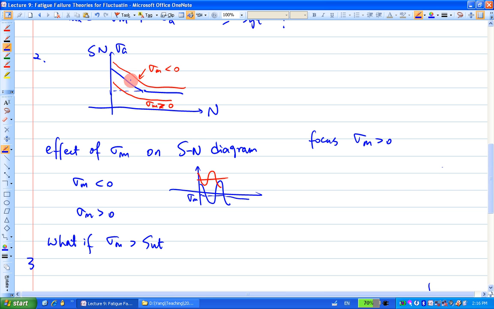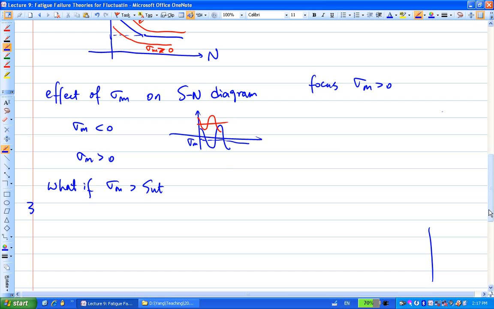So if you draw this circle, if you look at this guy here, right, this is the sigma m greater than 0 at the bottom here. If you keep increasing the sigma m, then the bottom SN diagram will basically become a flat line at here. Okay, will become flat line when sigma m is the same as SUT or greater than SUT. Okay, yeah, so it has a first cycle yielding.